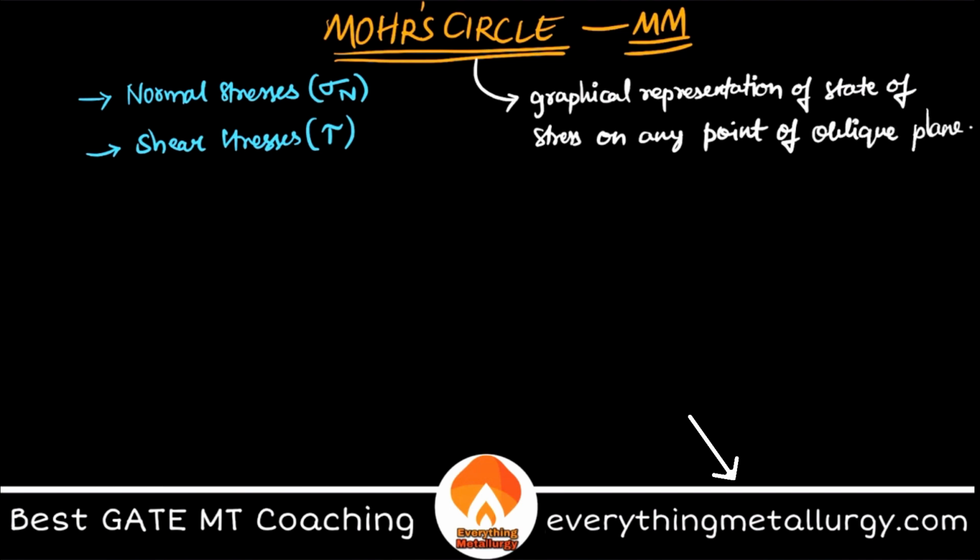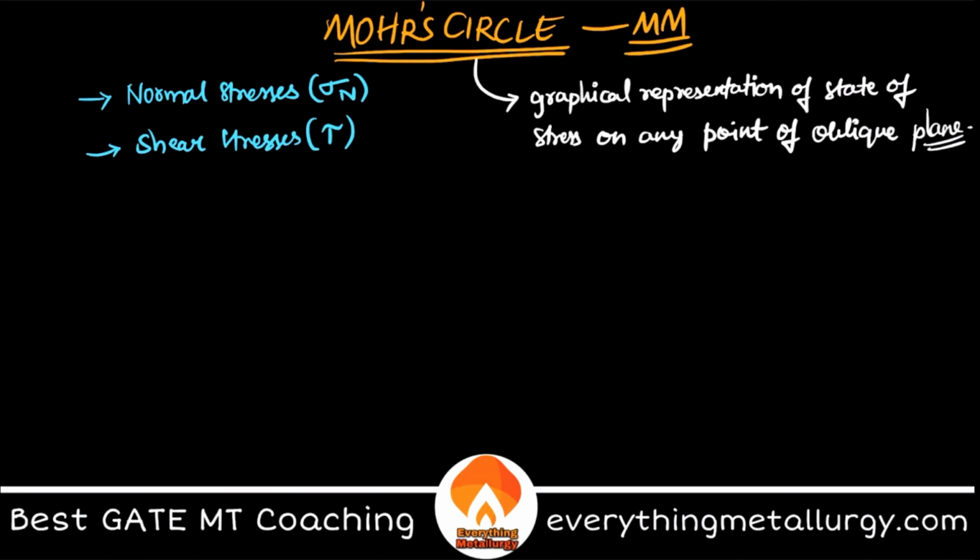If you have an inclined plane and you have a point on that, what does your state of stress look like? How normal stresses are acting on it, how the shear stresses are acting on it, all this can be understood with a simple graphical representation, a simple circle. In the name itself we have Mohr circle, that graphical representation looks like a circle.